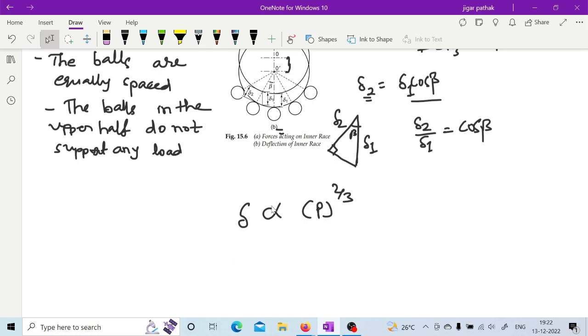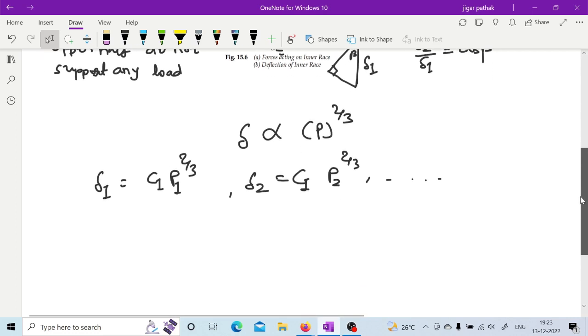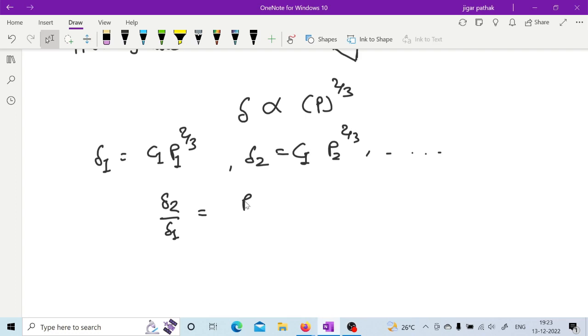So for all the balls we can use this particular relation between deflection and applied load. So delta 1 is equal to C1 P1 raised to 2 by 3, similarly delta 2 is equal to C1 P2 raised to 2 by 3, and so on, right? So if you have this, then delta 2 by delta 1 can be written as P2 by P1.